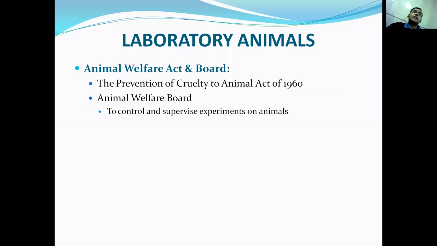So your assignment is to find out what are the latest boards, what are the latest acts pertaining to the Animal Welfare Board, and what committee is working in our institute to give permission to work on laboratory animals, and you have to know about their functions.